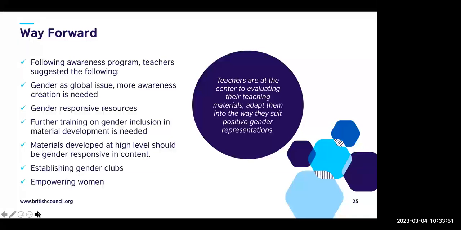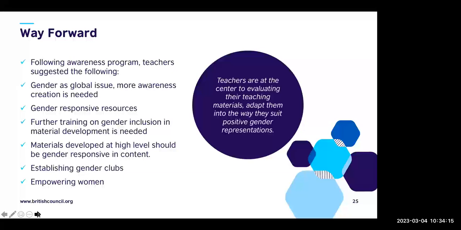And materials developed at a high level should be gender responsive in content at least. And establishing gender clubs which empower women and girls and students equally for the participation, evaluation, and preparation of teaching materials. By the end, I have this quote: teachers are the center of evaluating their teaching materials, adapting them in a way that pursues positive gender representation.